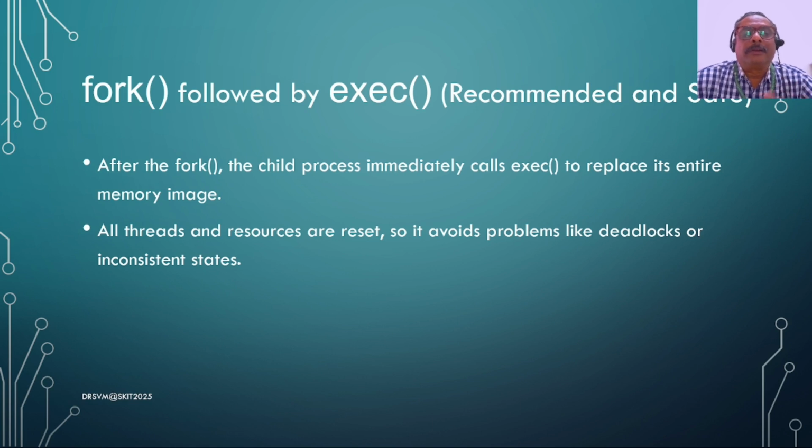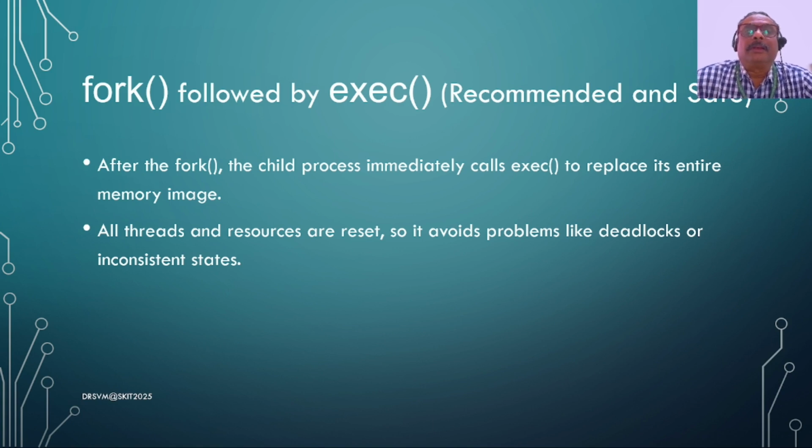When one thread calls a fork, other threads, if they are allowed to continue, may hold some resources, and because of holding resources they won't be able to release them, so a deadlock or inconsistent state occurs.